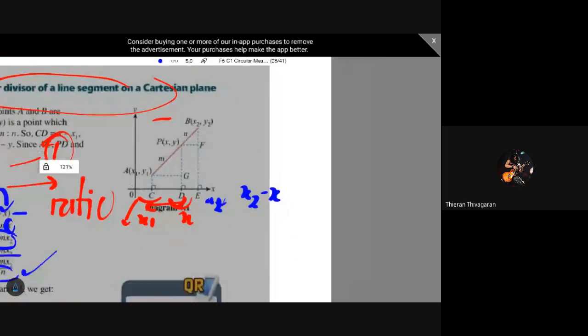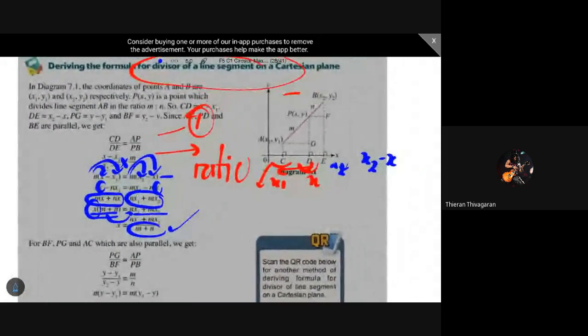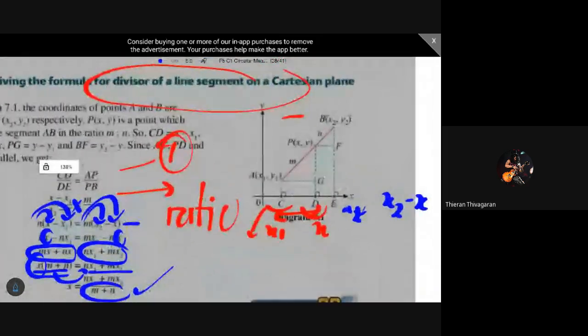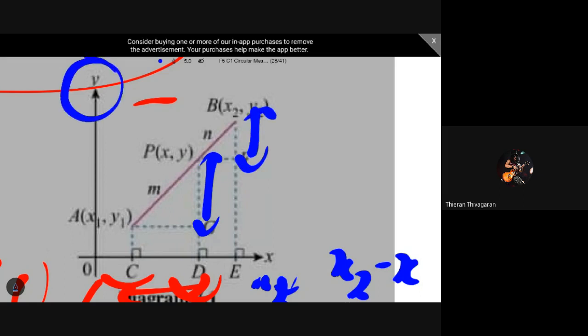So if you see back over here, mereka guna PG bahagi dengan BF. Okay, PG divide by BF. Okay guys, so why mereka ambil jarak menegak? Why do they now compare the vertical distance? Is because mereka sekarang bincang pasal y. Now we are talking about y coordinate, the comparison. So this is why we have to take vertical distance now, jarak menegak.